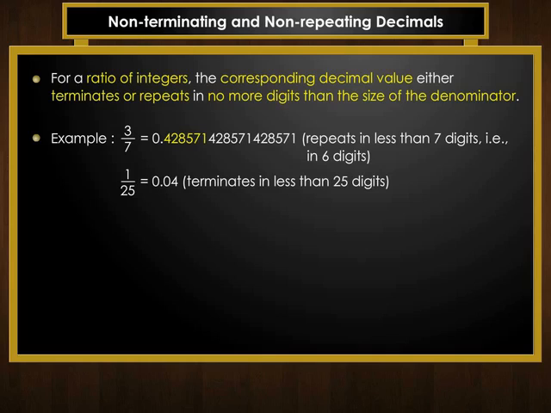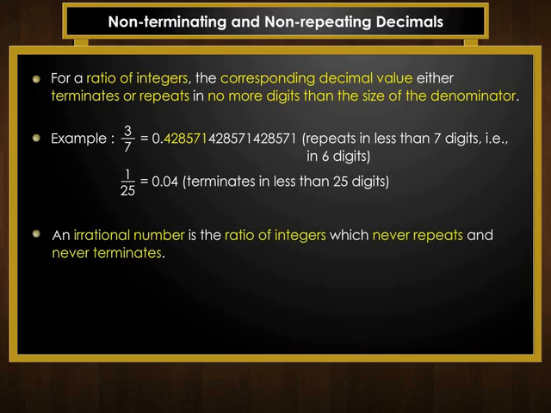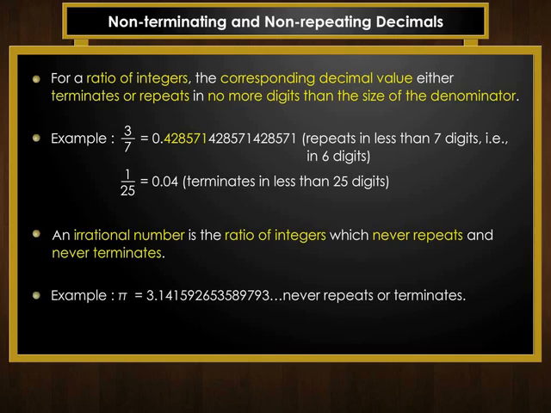Thus, if a decimal never repeats and never terminates, it cannot be represented as a ratio of two integers. So we call such number irrational and not a ratio. An example of this is the number pi. The decimal equivalent of pi never repeats and never terminates.